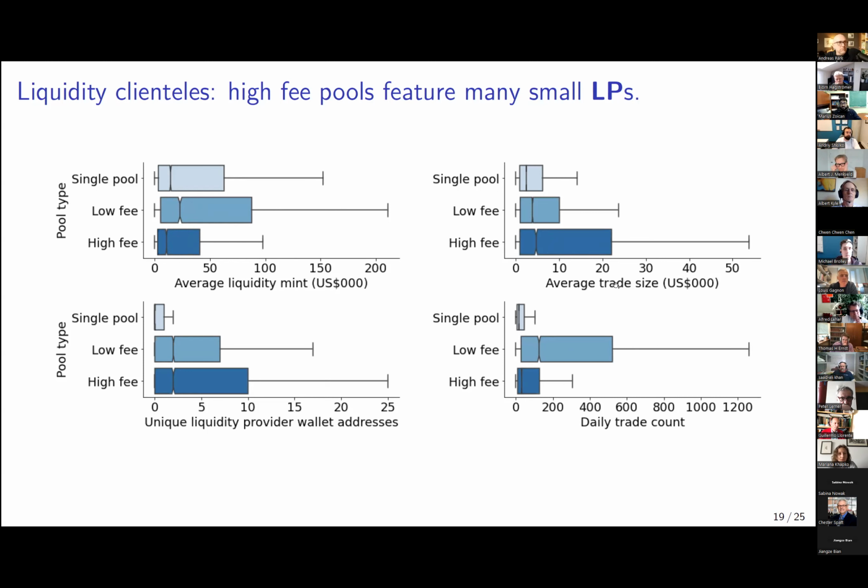So again, that's consistent with the model we had: the low fee markets attract many small trades that are being routed there, whereas the high fee pools only attract large trades that cannot find the liquidity on the low fee pools. There are many more, especially in the tail, there are many more traders on the high fee pools, even though they trade much less on a daily basis.